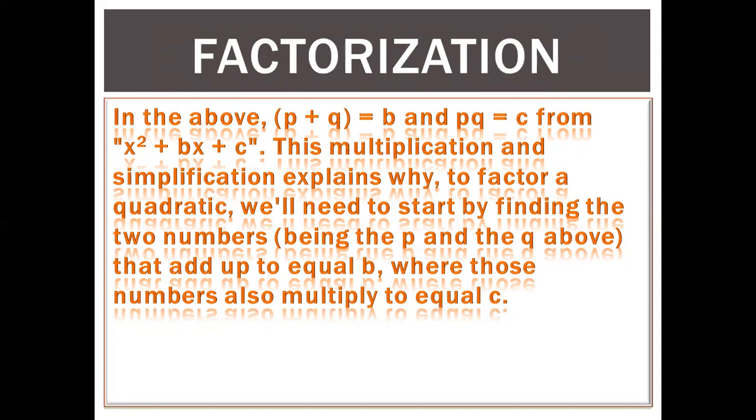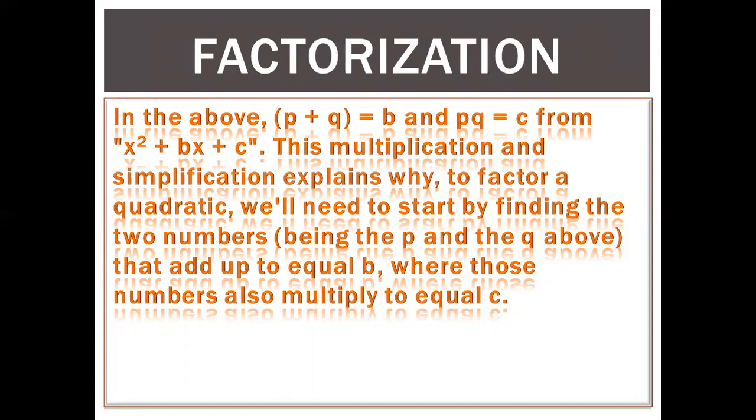In the above, p plus q is b and pq is equal to c. In x² plus bx plus c, you see that b is the coefficient of x. It means that we split the coefficient of x in the form of a sum, and we split the term c, which is the constant, into the product of two numbers.